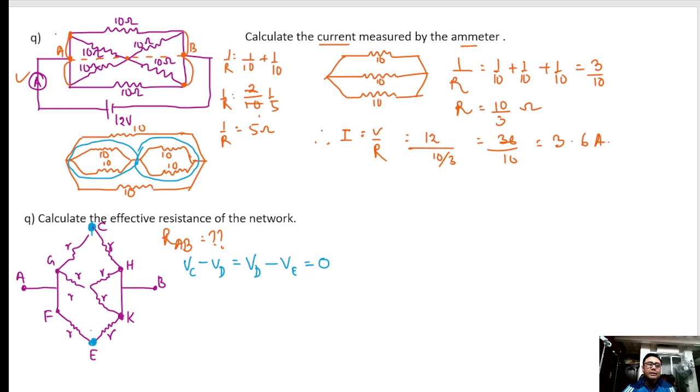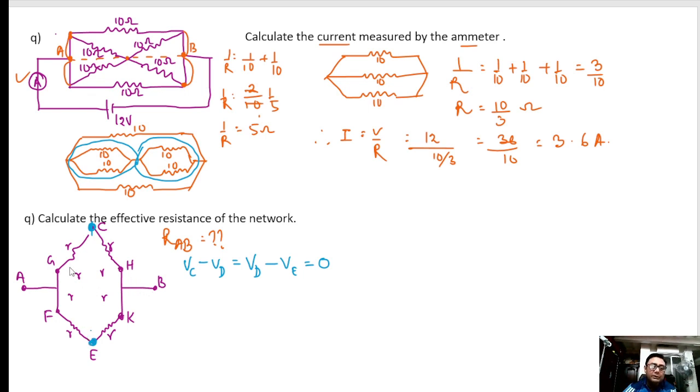If I can connect it, please watch one thing. One minute, let me rub this. Okay, so now let us draw this figure. Now let us draw this figure like this. Because this was in the same potential, so we have removed this line.